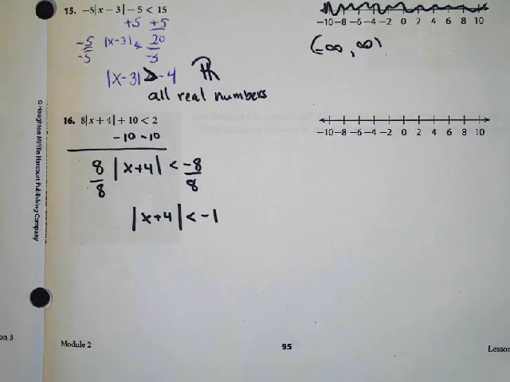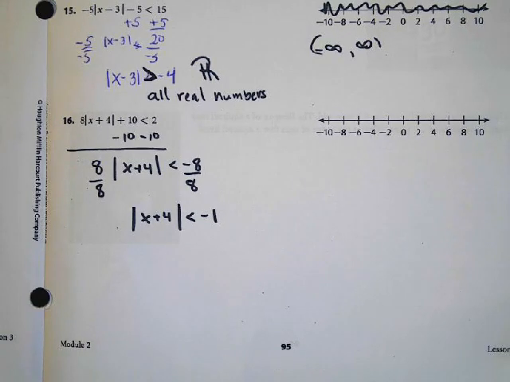Is it possible for any positive number to be less than negative 1? No. So she's right on this one. Okay? Why didn't you put this in one? What? The all the symbol, I didn't put that one.